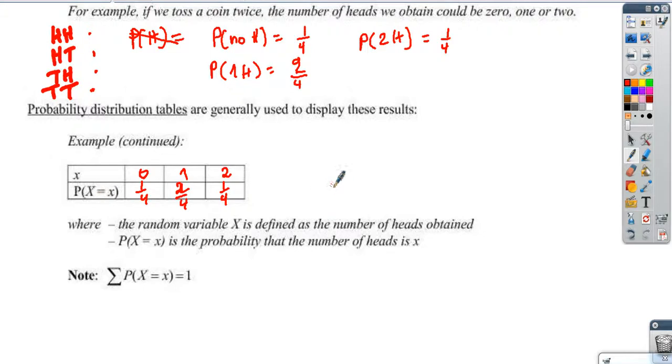What I'm really meaning is, for example, I could look at the probability of my random variable x being 2. This might make more sense: if my random variable is the number of heads, then I'm looking at the probability that my number of heads is 2. This is the general case here. Notice that the sum of all of these values is 1. That's what is being said here.